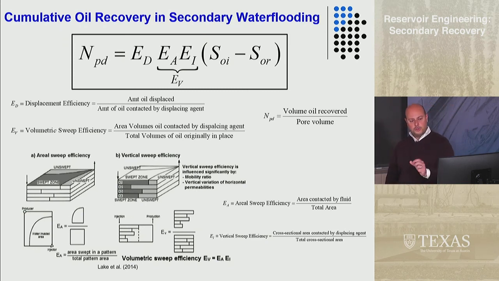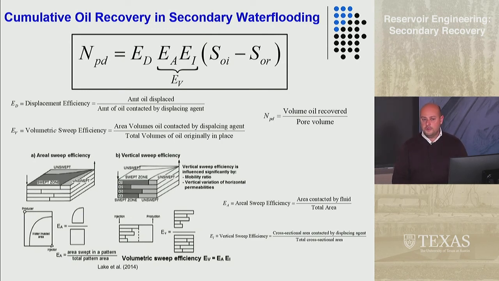Now, the thing on the most right-hand side is SOI, which is the initial oil saturation, minus SOR. What that means is that you can't produce more oil than is originally present. So if SOI, the initial oil saturation, is 70%, then you can't produce more than 70% of the pore volume because the remainder is water.